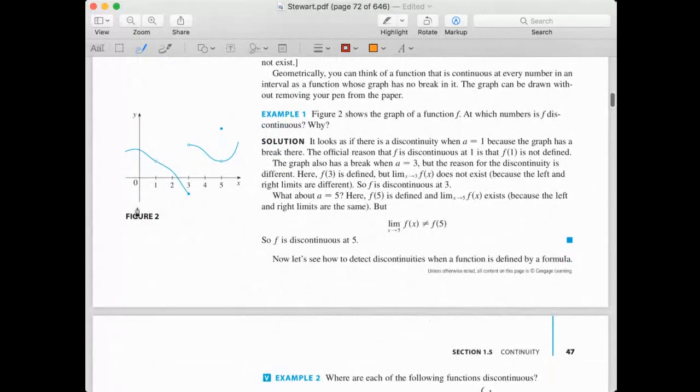Well, let's see this one. The function from negative infinity up to the point 1 is continuous. But at x equals 1, we won't be able to talk about f of 1 because f of 1 is not there.